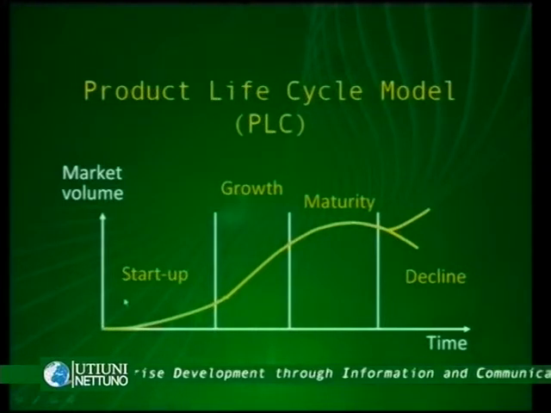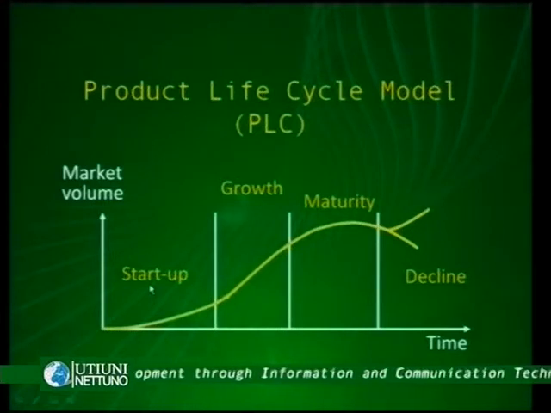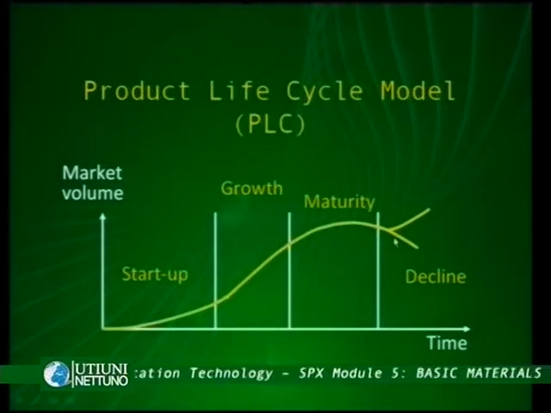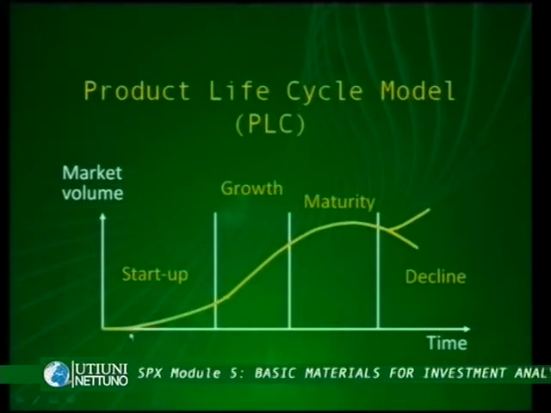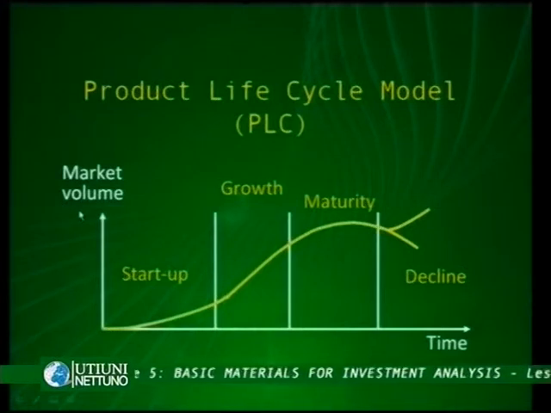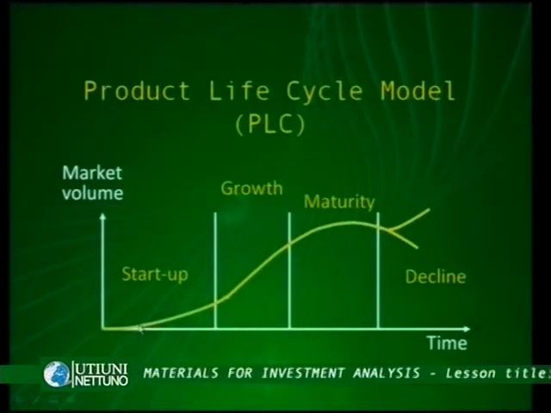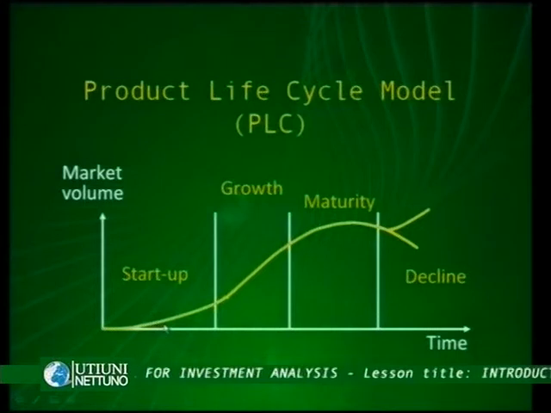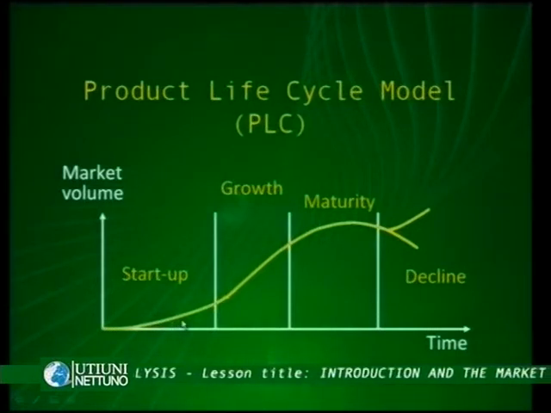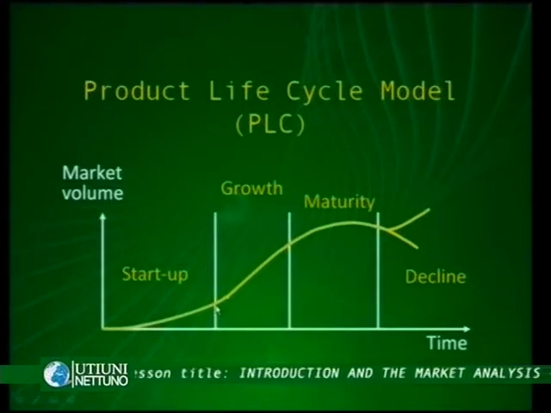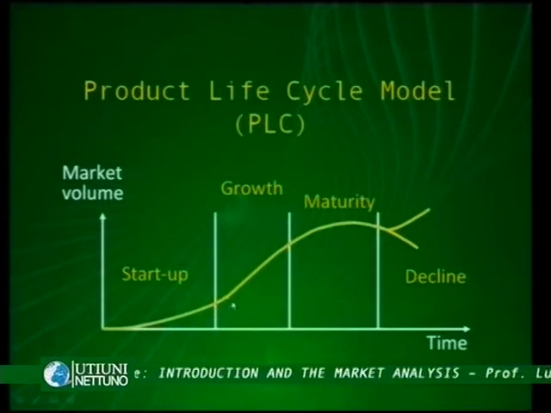And here we have the description of the four phases that I've just mentioned: startup, growth, maturity, decline. So graphically, we might observe that, considering the market volume, at the beginning we have few companies selling an increasing number of products, and this is the startup.